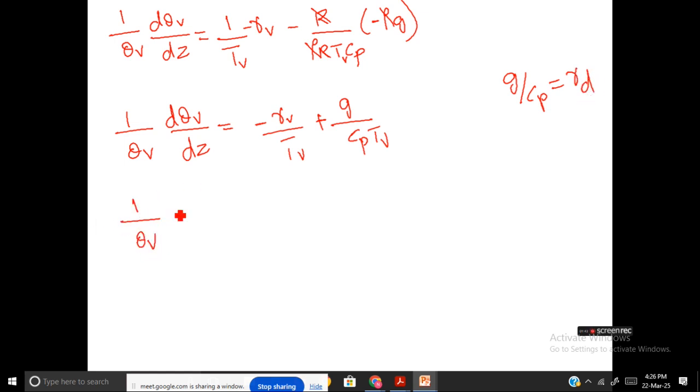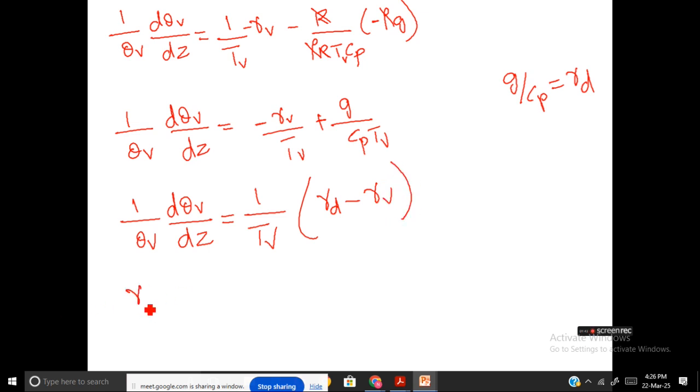So 1 by theta V d theta V by dz is equal to, taking 1 by Tv out, 1 by Tv into (gamma d minus gamma V).